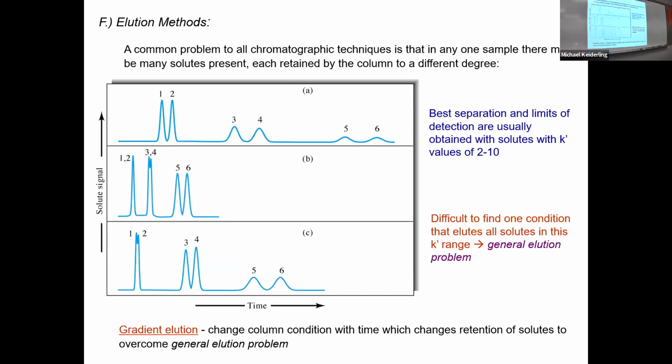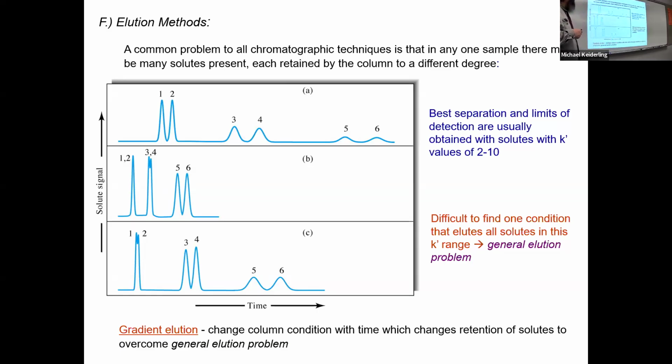Now, a common problem with all chromatographic techniques is that in any one sample, you could have lots of different solutes present, and they're each retained to different degrees. Different conditions will be better for different solutes. You want a K prime value between about 2 and 10, but it's really difficult to find one condition that elutes all solutes in this K prime range.